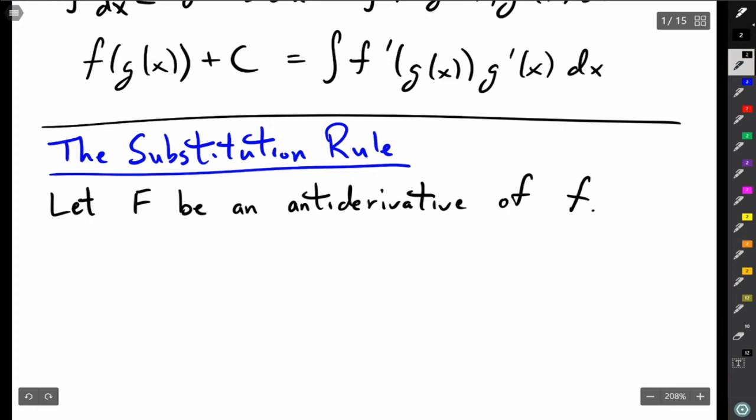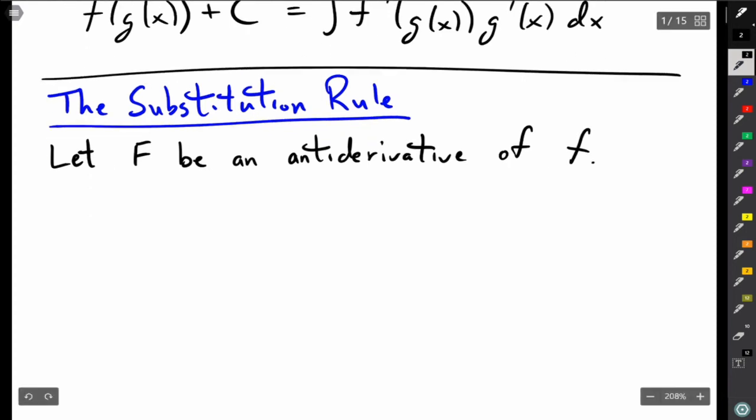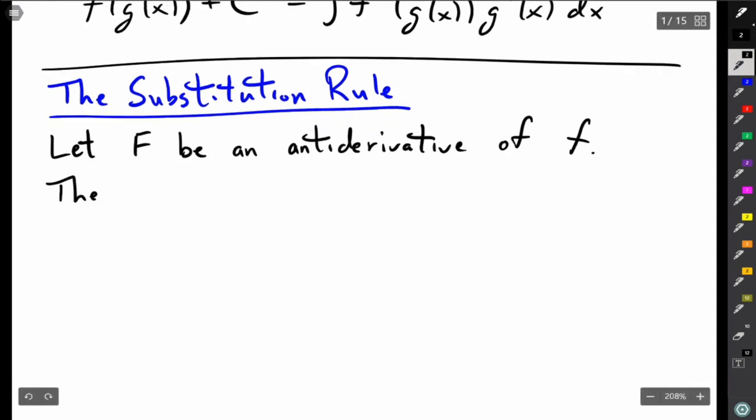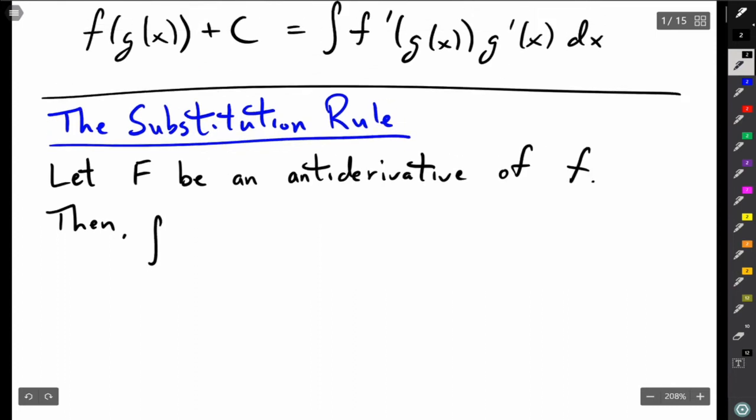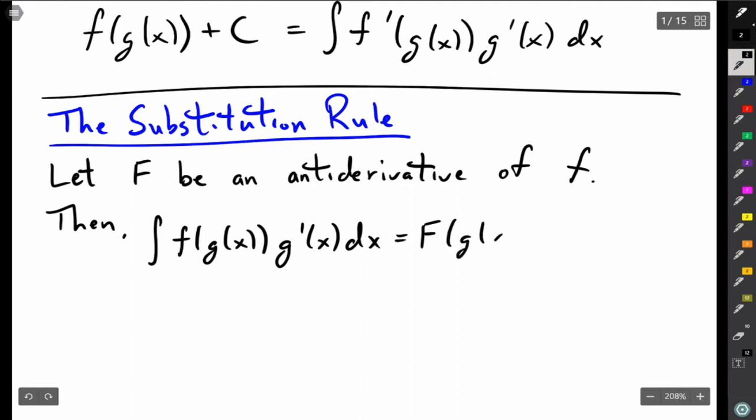Okay. Then, that formula above that we just came up with reads like this. The integral of f of g of x, g prime of x dx, is equal to capital F of g of x plus c. Right?